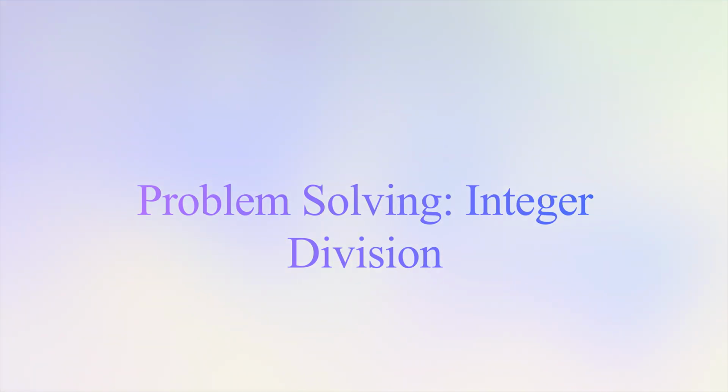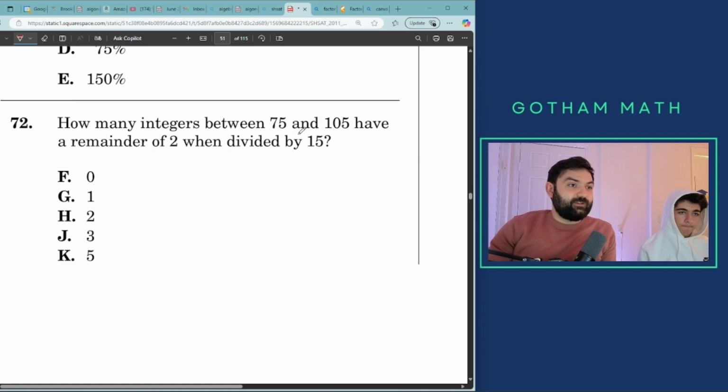Number 72. How many integers between 75 and 105 have a remainder of 2 when divided by 15? Interesting. If 75 is divided by 15, there is no remainder, so the next number with remainder 2 is 77. It's going to be a whole answer plus 2, so from here you can add on 15 and that would always be a remainder of 2.